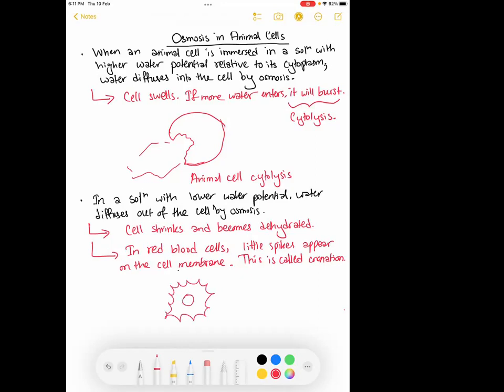Okay, and then obviously inside we have this. All right, that's it with osmosis. Note them down.